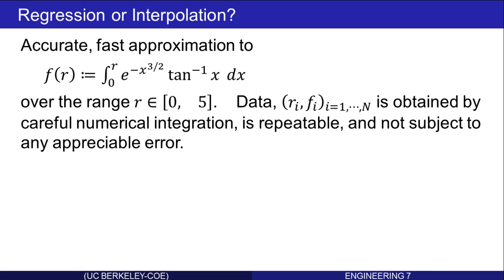So the data is pairs of r's and corresponding integrals, ri, fi, for some number of training points. That would be obtained by very careful numerical integration. Actually, we'll learn about numerical integration about 4 modules from now. In that sense, the data is repeatable and not subject to any appreciable error.